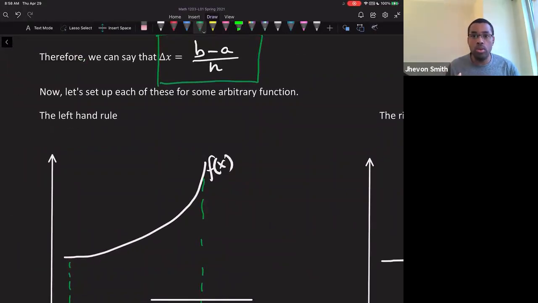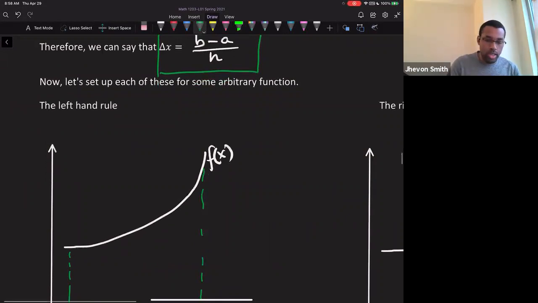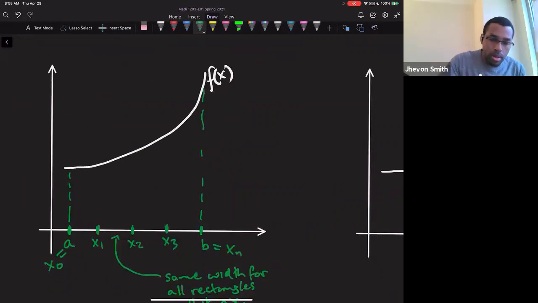In the left-hand rule, we use the left side of the rectangle to determine the height. On the first subinterval, between a and x1, we go to the left side and go up until we hit the function, and that determines the height of this rectangle.